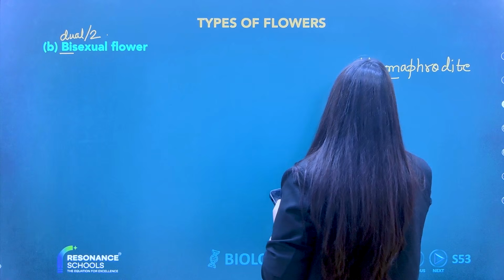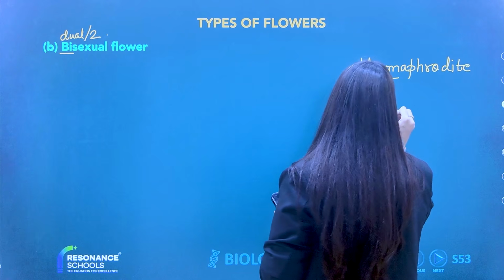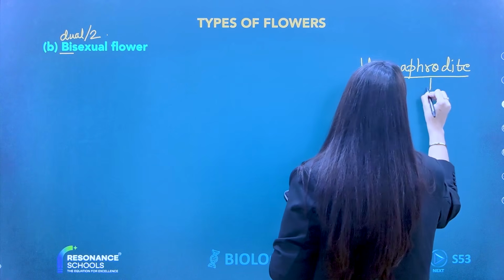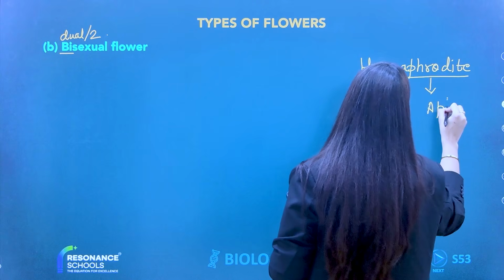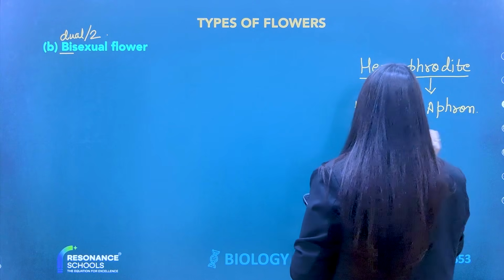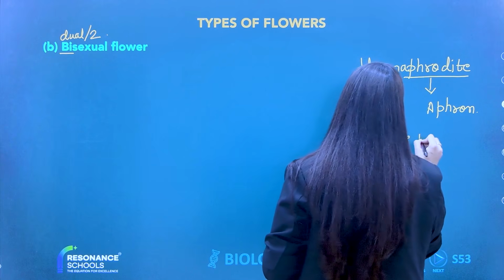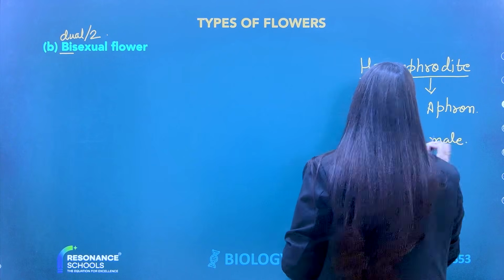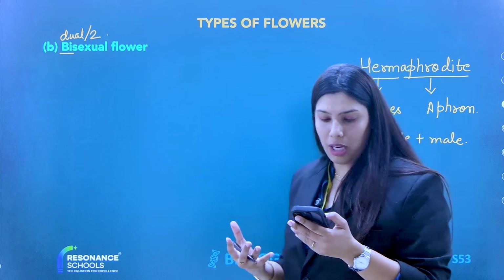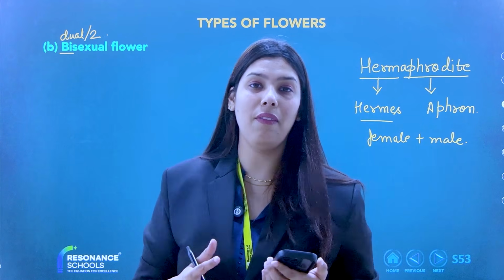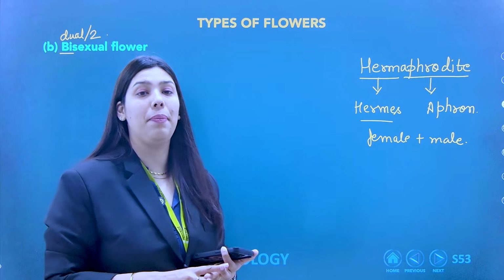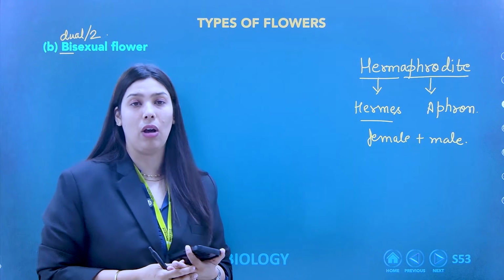The word herma comes from Hermes, and Aphrodite comes from Aphron. Female plus male means an organism that has both male and female reproductive parts in a single organism.